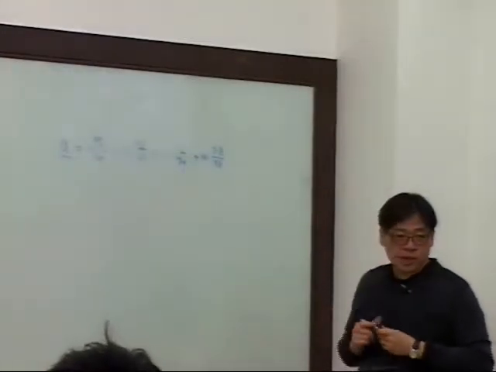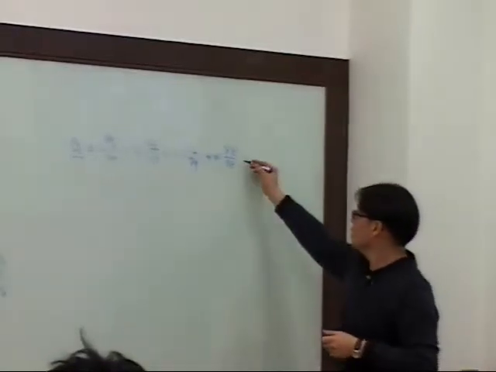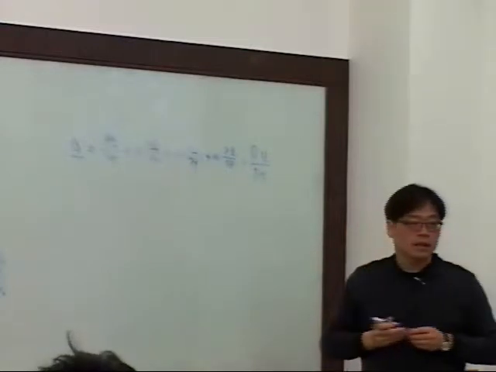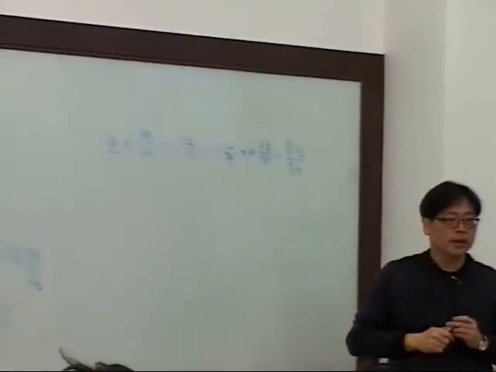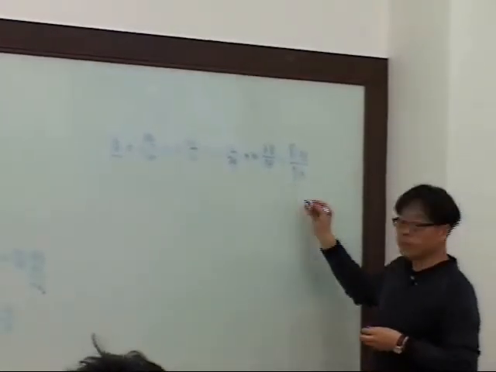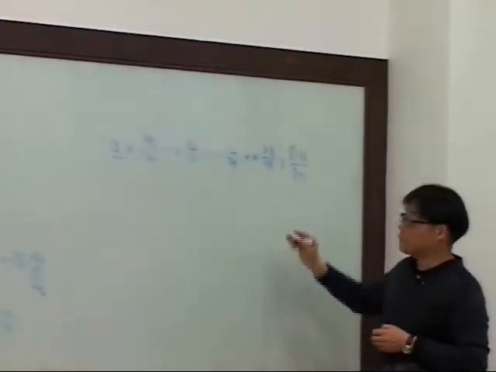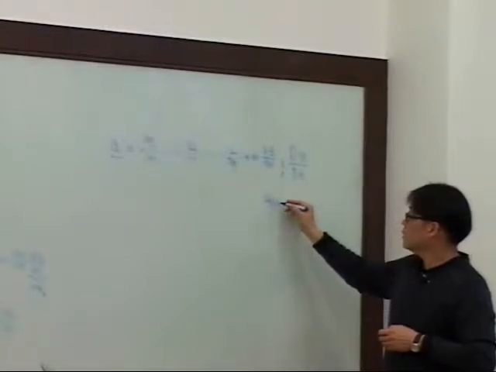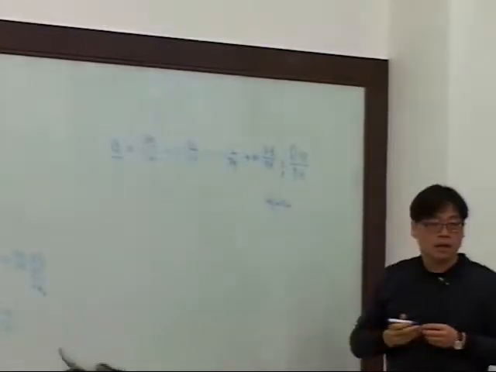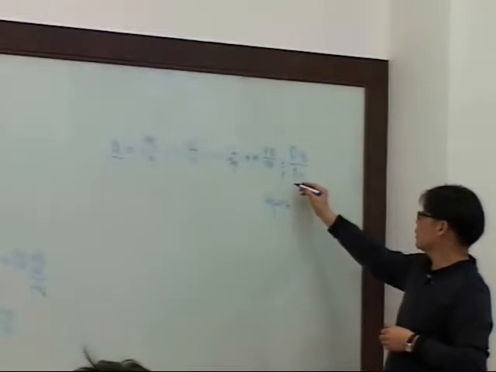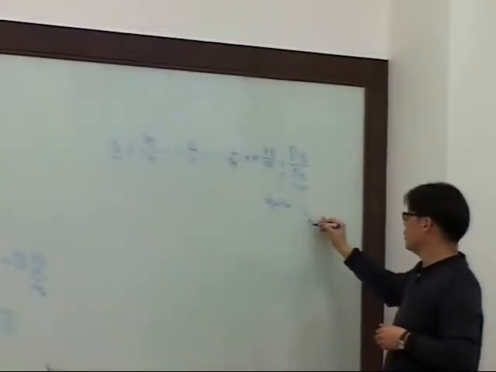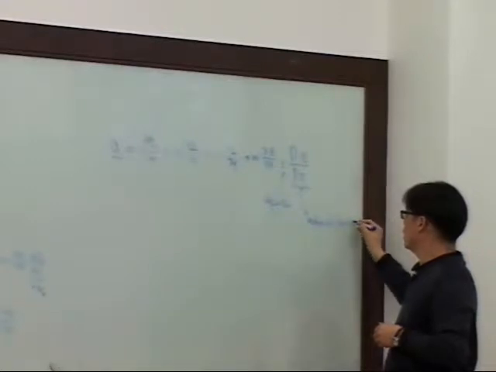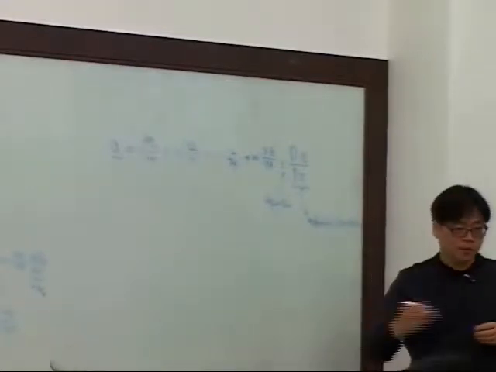It's a long expression, so we often use this way, and then we call this a material derivative. So this is the definition. And this derivative is called material derivative. It's a little different from the usual derivative.